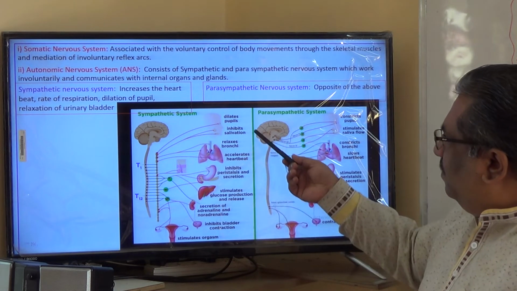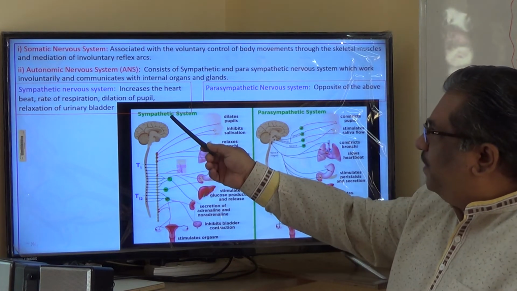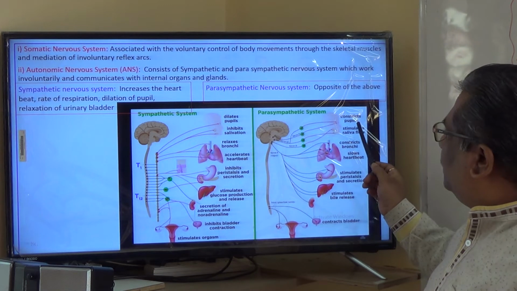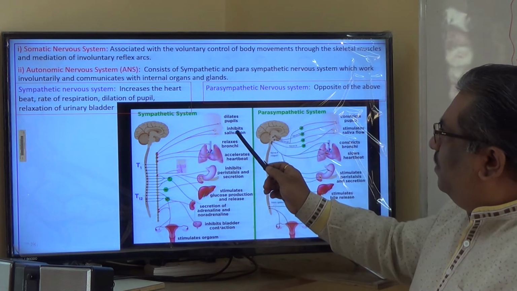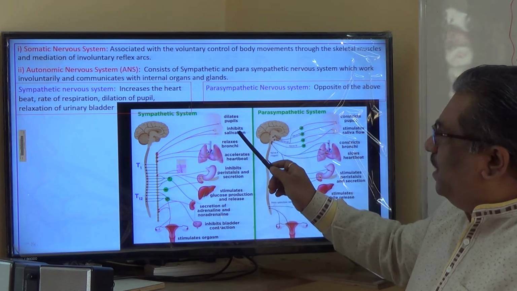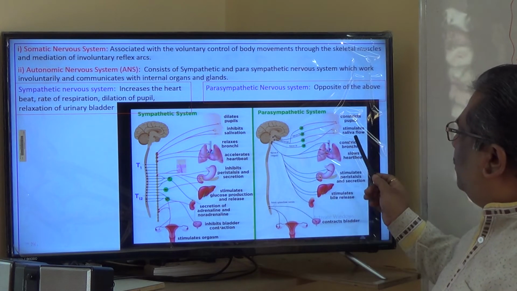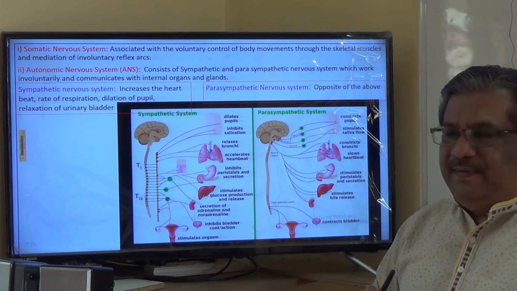Some more examples. Sympathetic dilates pupils, parasympathetic constricts pupils. Sympathetic inhibits salivation, parasympathetic promotes salivation.